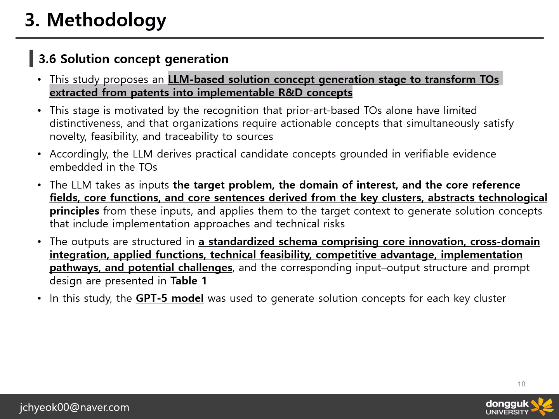The study introduced an LLM-based concept generation stage to transform patent-driven technological opportunities into implementable R&D solution concepts. The LLM takes as input the target problem and application domain along with core reference builds, functions, and sentences, and generates solution concepts by abstracting and reapplying underlying technological principles.